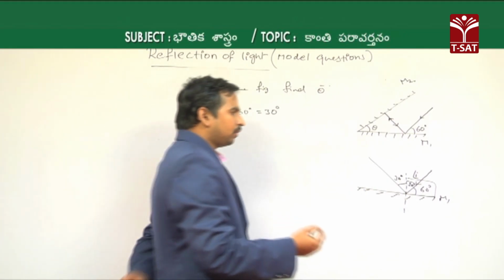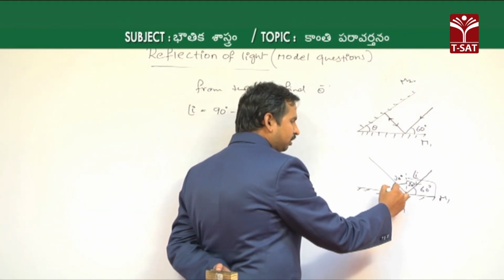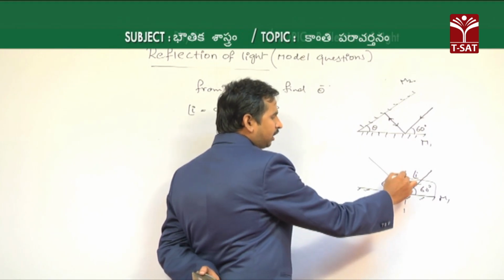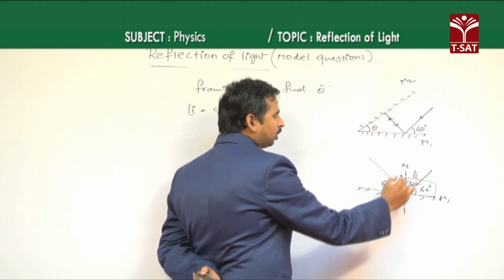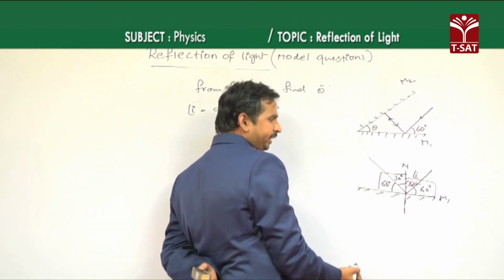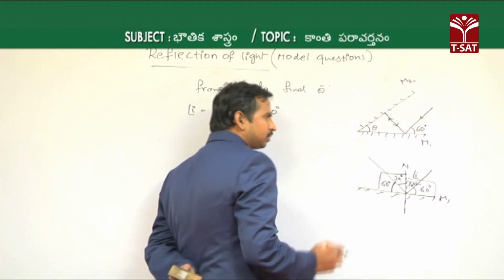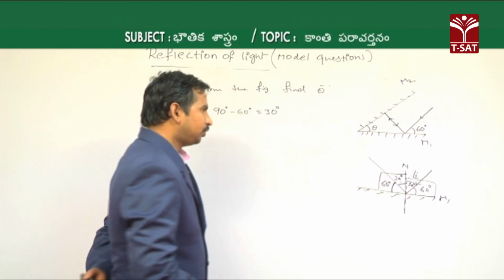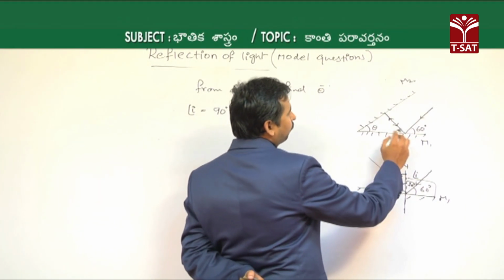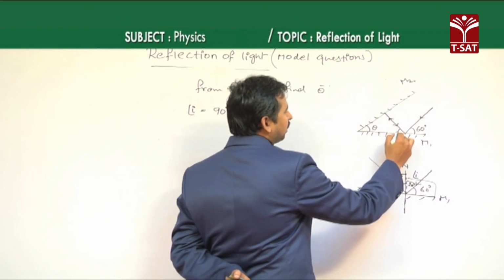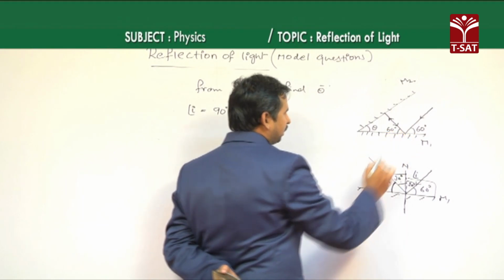Then the glancing angle of reflection on the other side becomes 60 degrees, because this is again the normal. With the normal it makes an angle of 90 degrees, and this part we got 30 degrees, so the remaining angle becomes 60 degrees. So for the second reflected ray, this angle becomes 60 degrees.